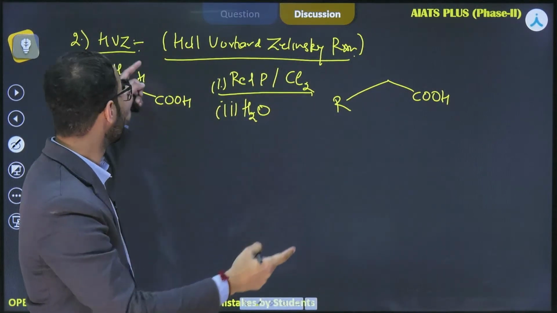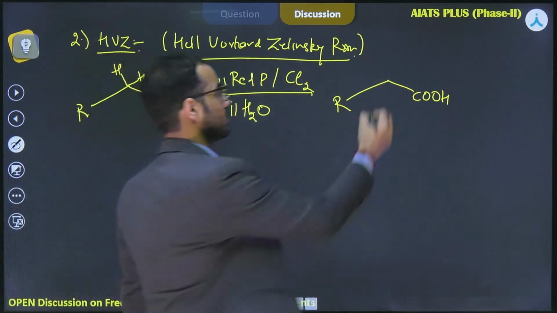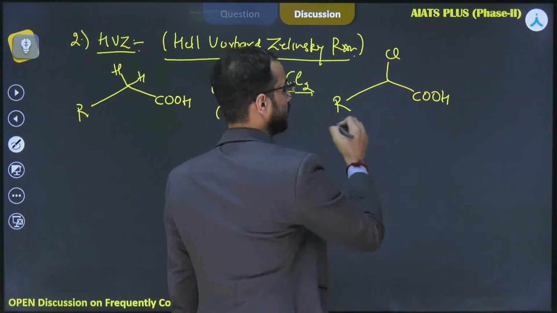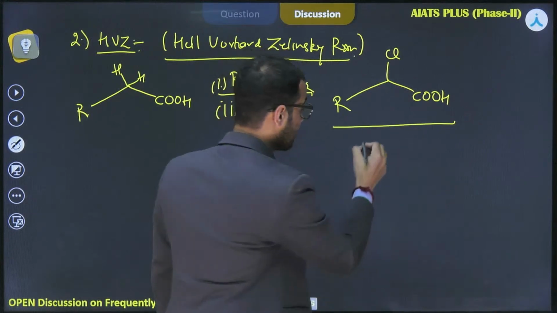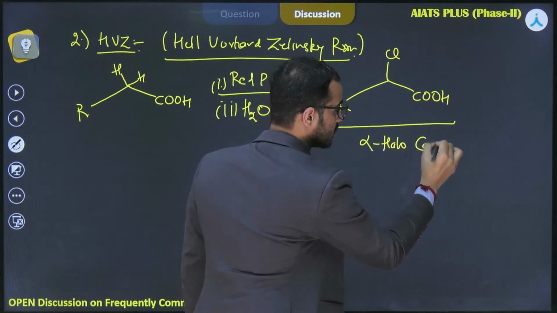In place of hydrogen, you will be getting a halogen. This is the chlorine. We can say that this is an alpha halo carboxylic acid.